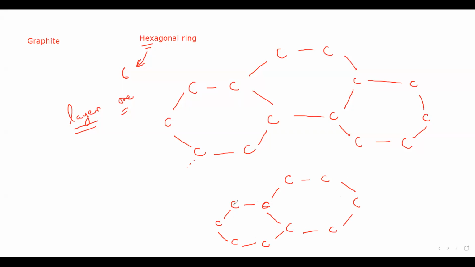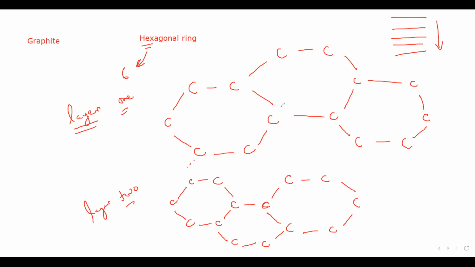And same thing, if we take another carbon, 1, 2, 3, 4, 5 and 6. So each ring has 6 carbon atoms, and this is the second layer, or layer 2. And like this, graphite will have layers: layer 1, layer 2, layer 3, layer 4, and so on, because it is a macromolecular structure.